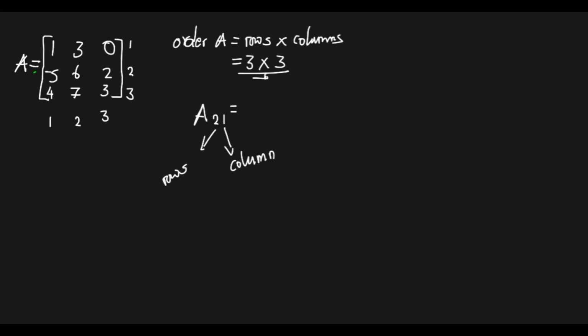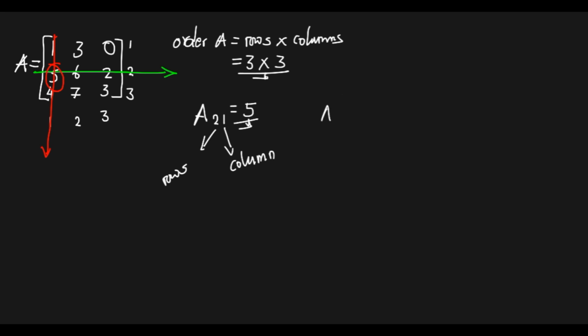This is our second row. Then we look at our first column. The number where the second row is intersecting the first column is the number that we are interested in. That is how to determine the position of a number in a certain matrix. So our answer here is 5.